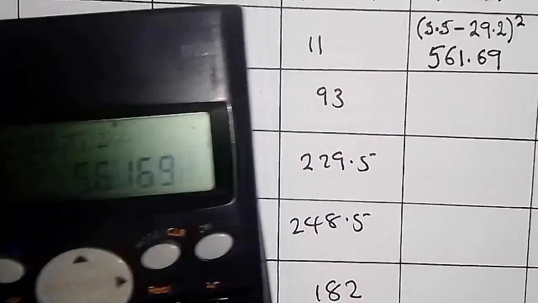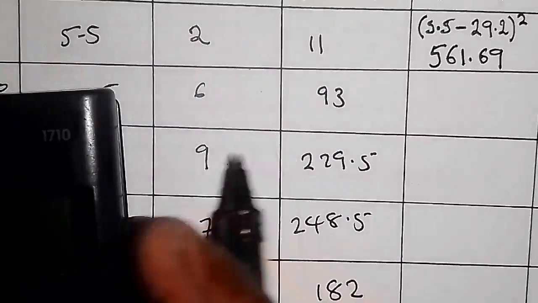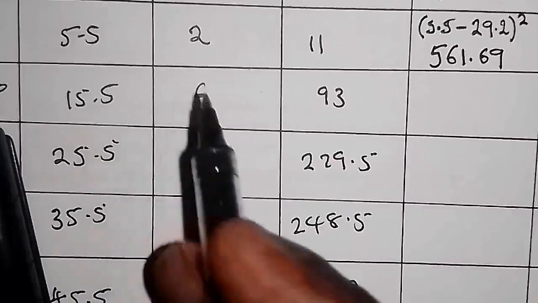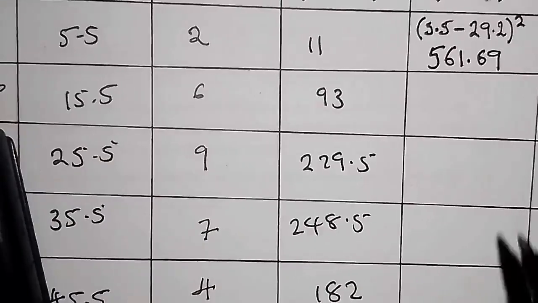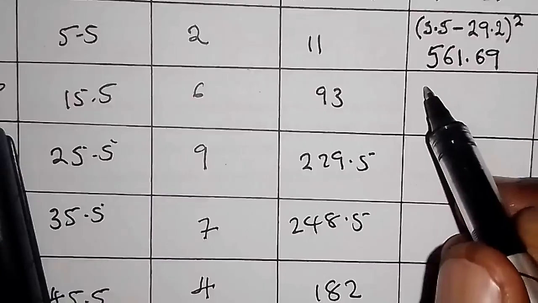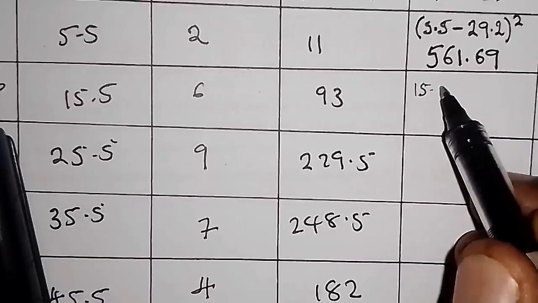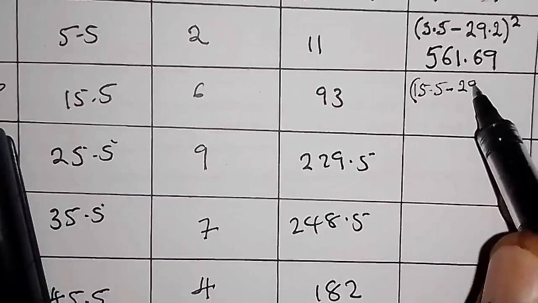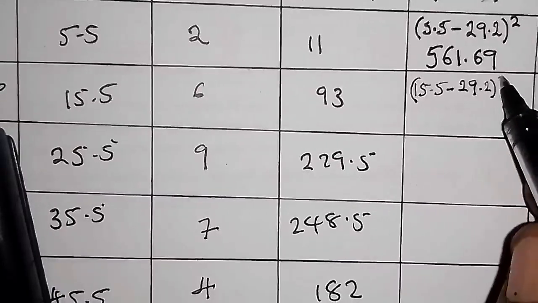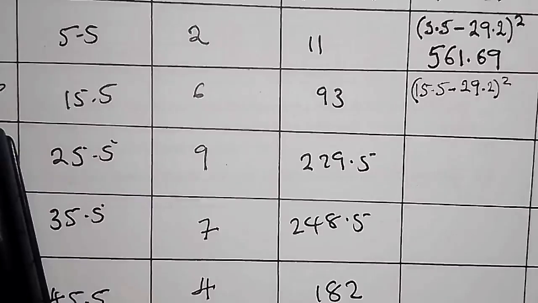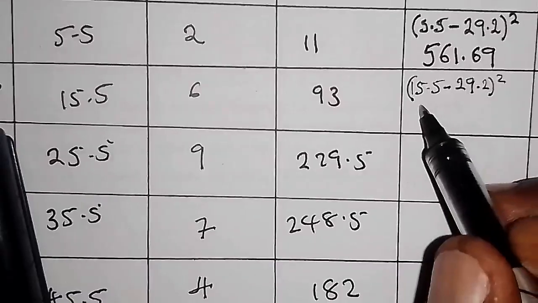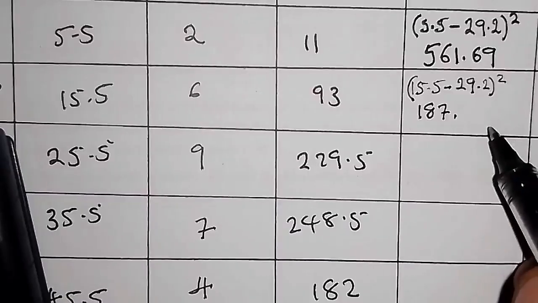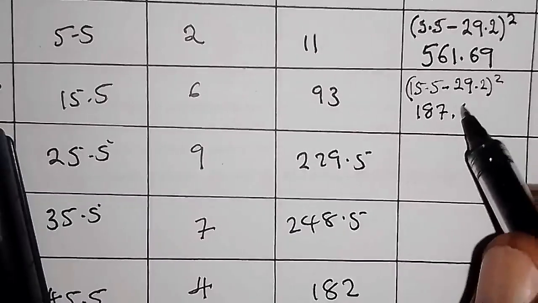Even on this part, you're going to say 15.5 in bracket minus 29.2, then square. So you're going to get something like 187.69.